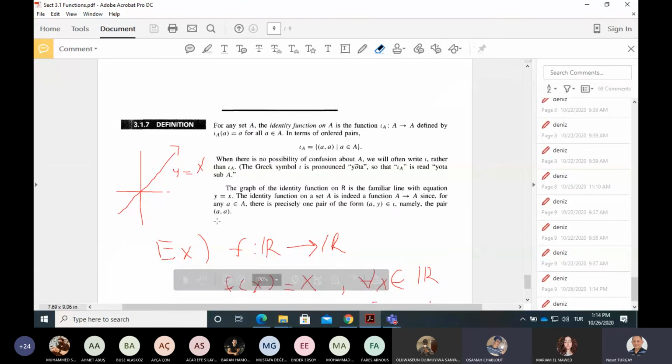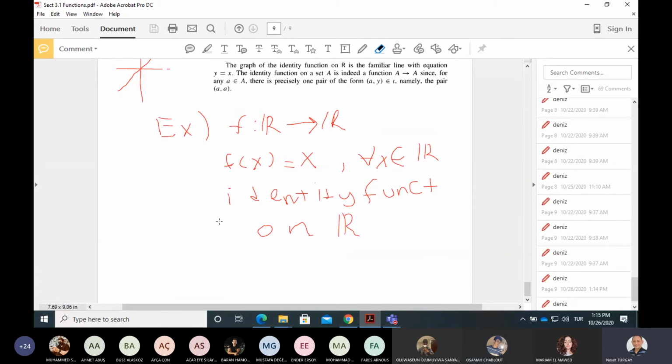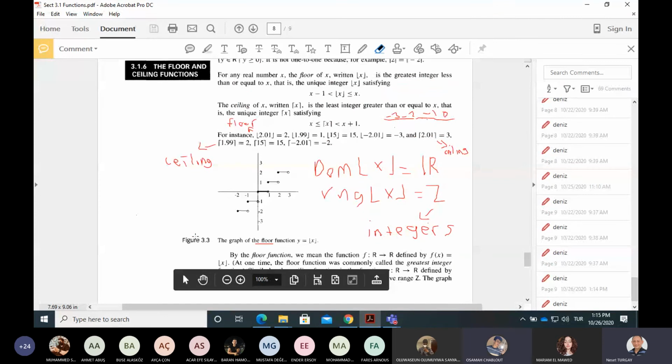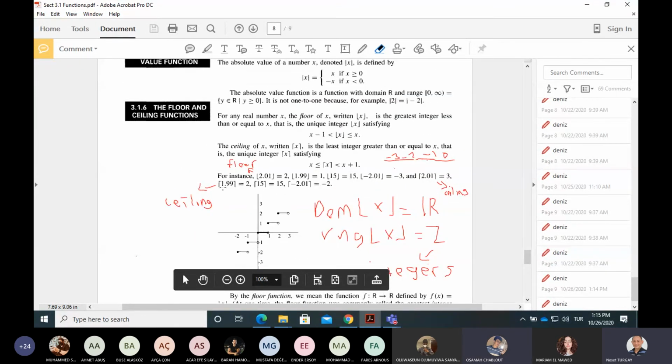Why is the letter A upside down? What is upside down? You mean the letter A, the ceiling function or floor functions?